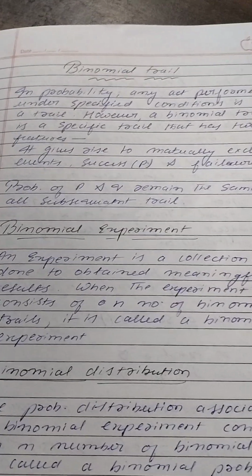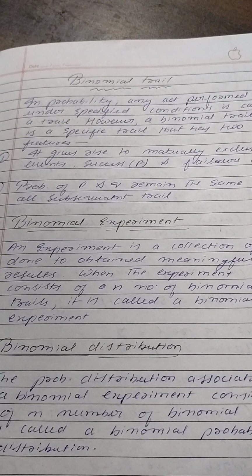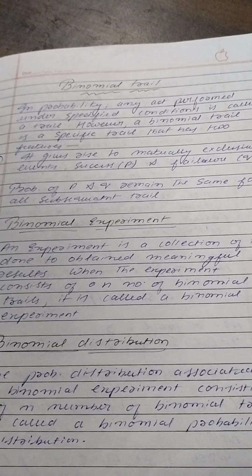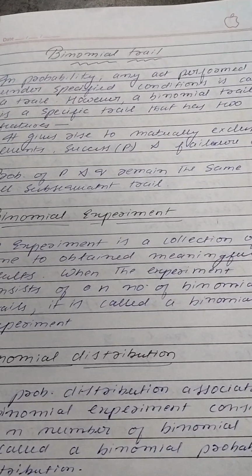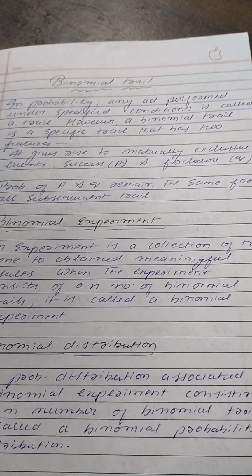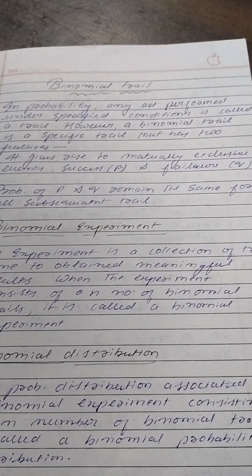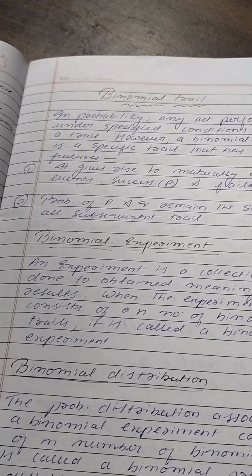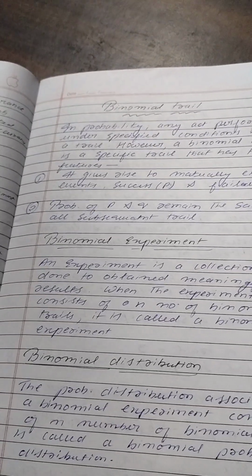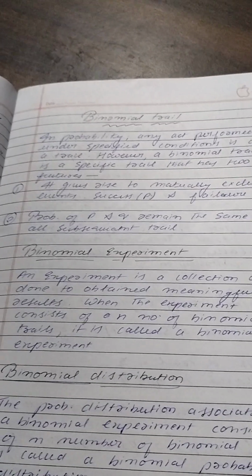However, a binomial trial is a specific trial that has two features. First, it gives rise to the mutually exclusive event. Earlier I just took an example, but mostly the question is of failure and success.